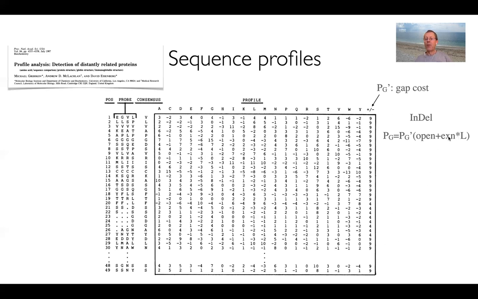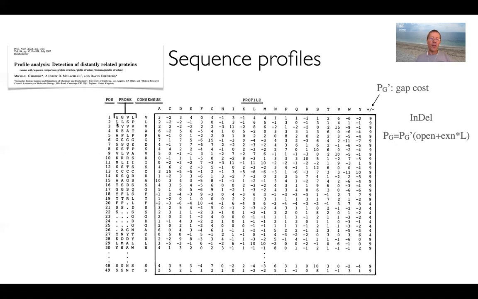If you have a gap of 2 positions, then 2 residues, then you have the open plus 2 times the extend cost multiplied by PG prime. So by setting PG prime, you can basically make it very difficult to insert a gap in certain positions and make it easier in other positions, reflecting the multiple sequence alignment. So this is what this does here.